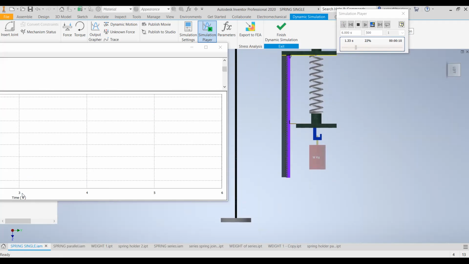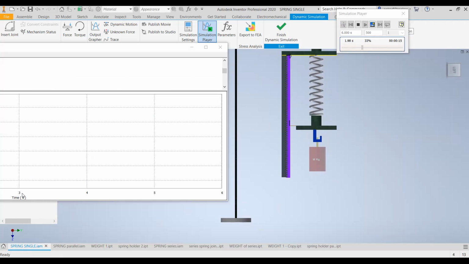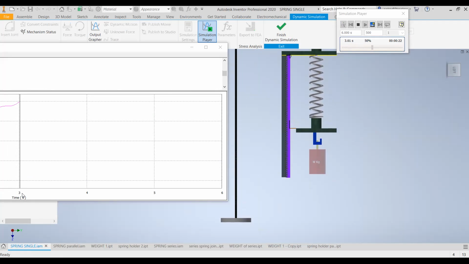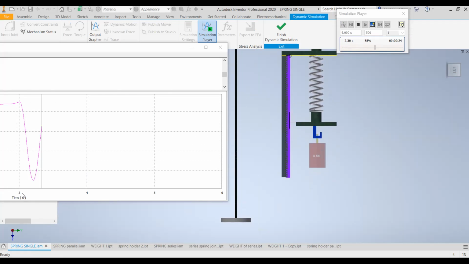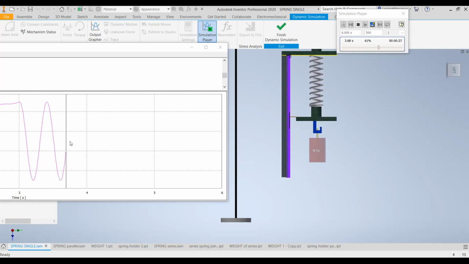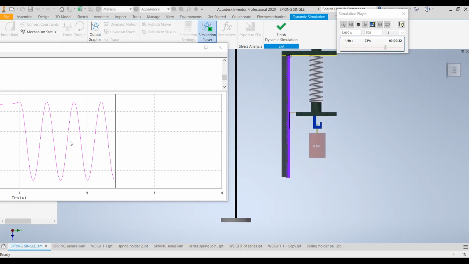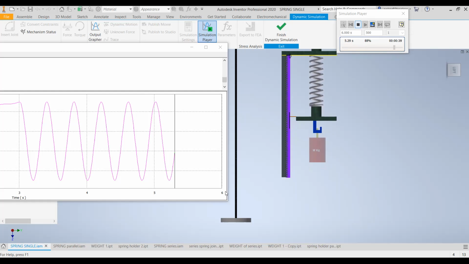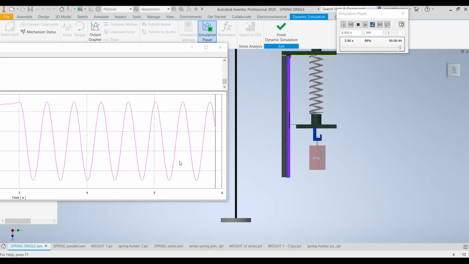That means we apply the force till 3 seconds. After 3 seconds, we remove that force, so there is no external force on the spring mass system. Then the system will oscillate because of the spring force and the inertia force. This is the free oscillation. As there is no damping in the system, the mass will keep oscillating with the same amplitude for infinite time.